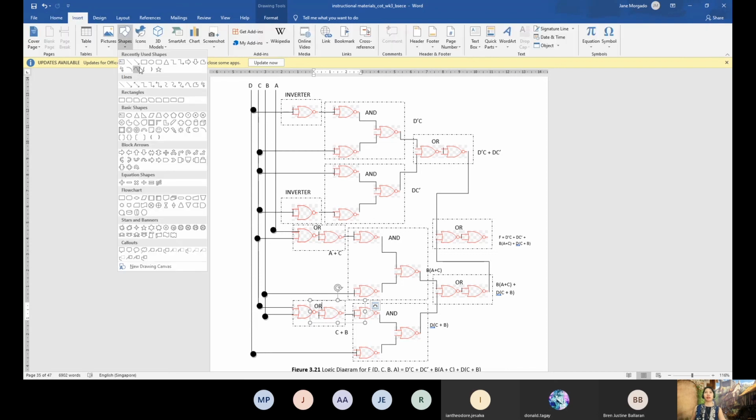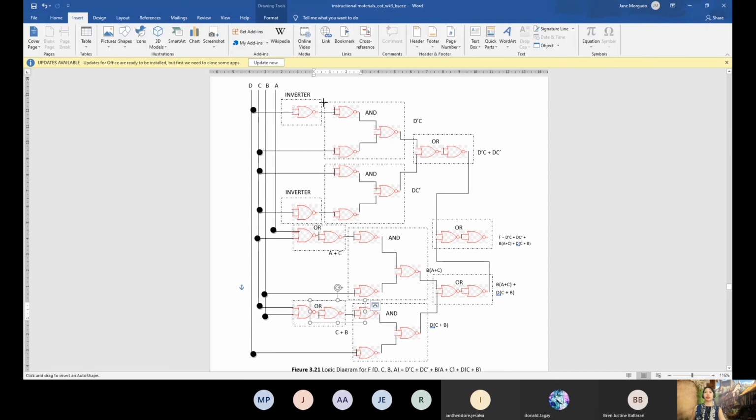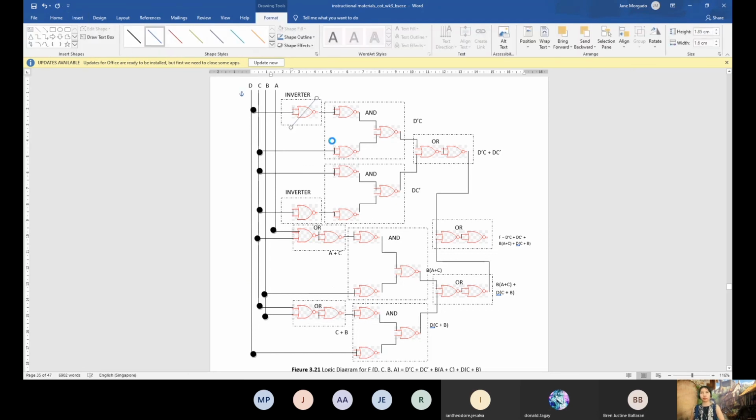Okay, let's cancel. Double inverter. So again, if you see double inversion, cancel.